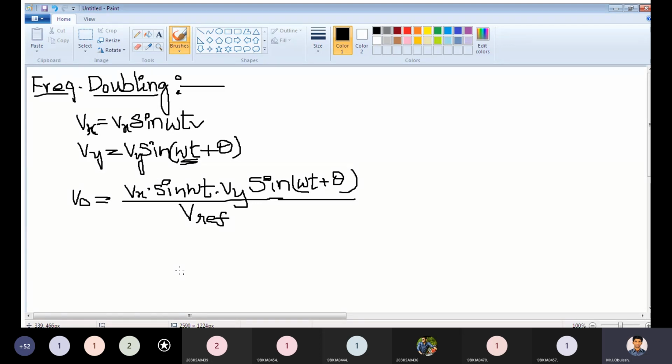Here Vx and Vy are these two equations. Substitute those two and simplify.